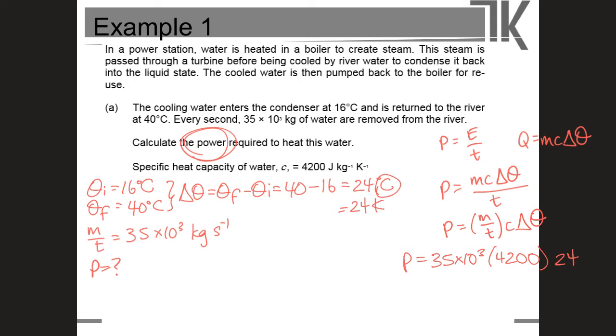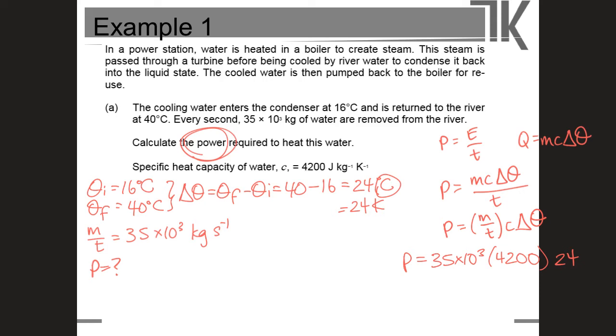Also notice that I've done a substitution here of a change in temperature straight into one number. If you still have these two numbers, you should show this calculation inside your substitution. So it should look like delta theta, and the next line should be theta f minus theta i, and the next line should be 40 minus 16, so that you are showing that substitution. One variable turns into one number, and not a bunch of numbers or a sum.